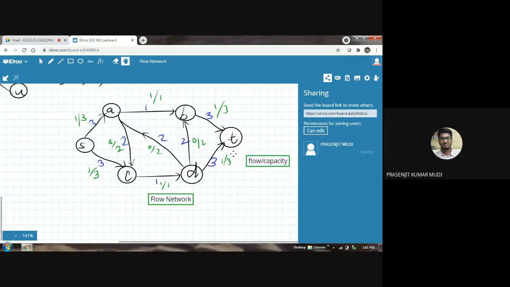Sir, here the capacities are the costs, the weights. Yes, you can say so. The capacities are the maximum costs. But now we are considering flow, that means in real time, in the transient condition, the costs are changing.